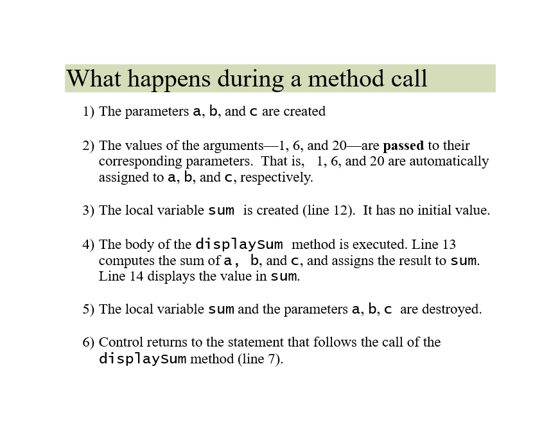The process of returning to the caller, that is when display sum goes back to main, both the local variable and the parameters a, b, and c are destroyed. They're gone. They don't exist anymore. So a, b, c, the parameters, and the local variable sum are created when the method is called. And when the called method returns to its caller, those parameters, a, b, and c, and sum go away.